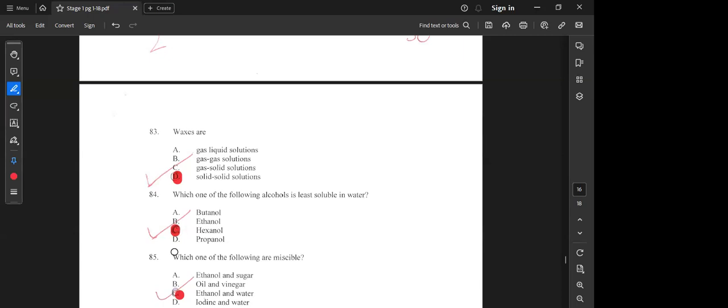Some examples: beeswax, paraffin wax, microcrystalline wax, carnauba wax. Common uses: they're used as texture agents, lubricants, or film coating agents.